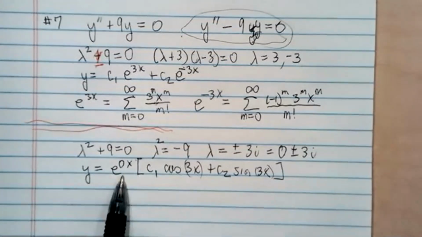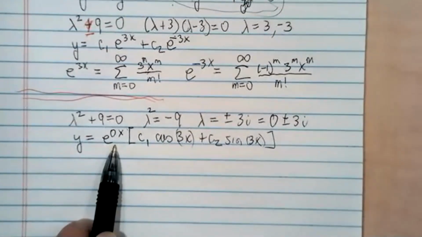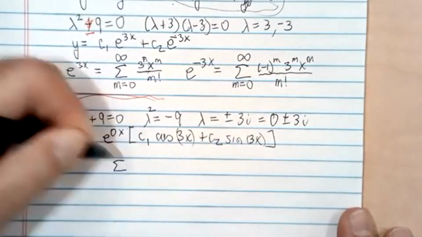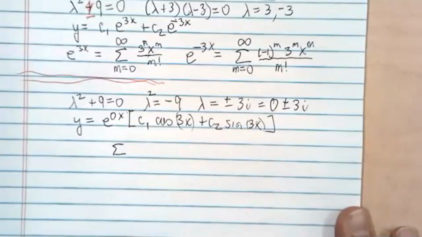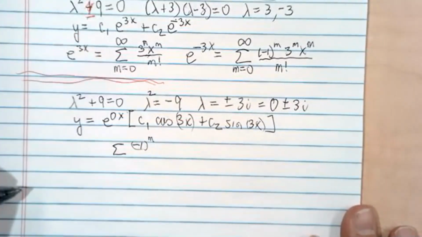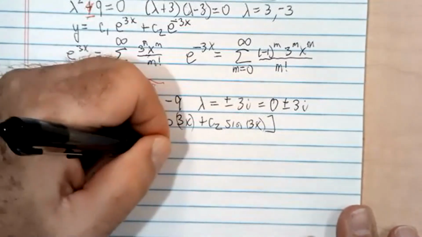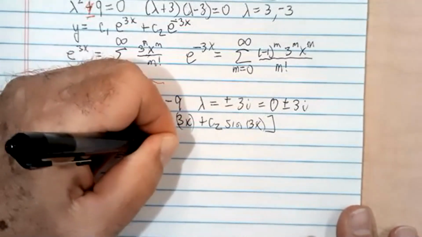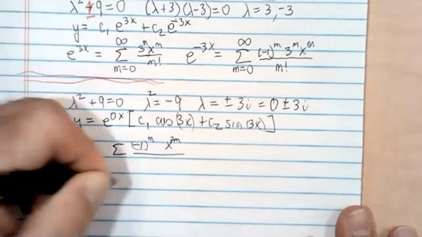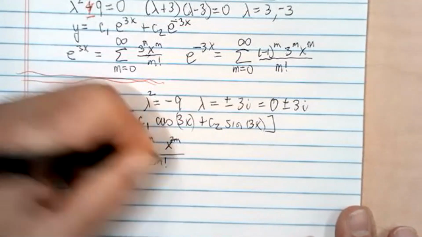Okay, now this is a constant. So I'm getting cosine and sine, which means I'm expecting to see these kinds of series here. (-1)^m. Now, if it were just plain old cosine, you'd have x^(2m) over (2m) factorial.